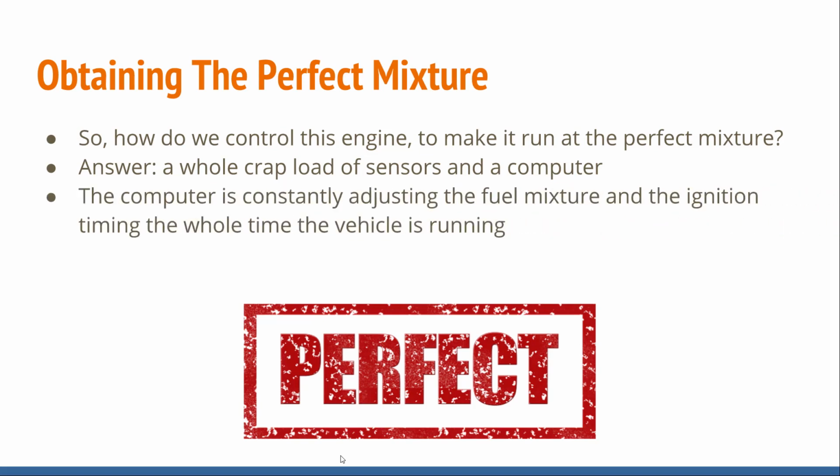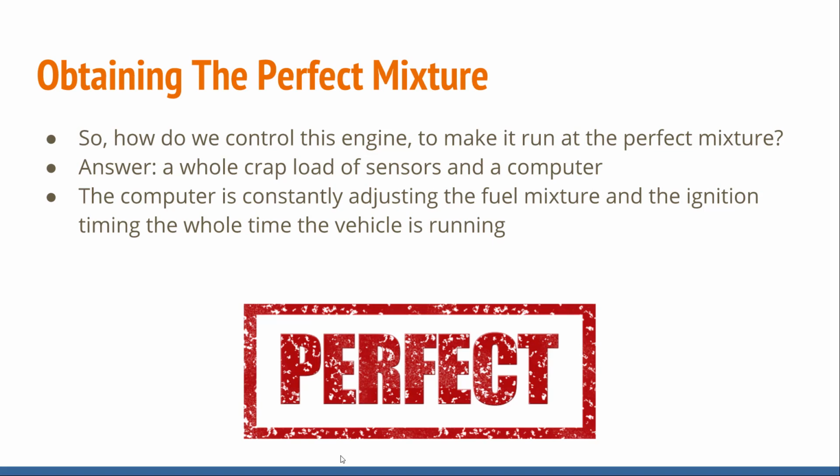All right, so the computer, or as we've explained it before, the PCM or ECM, powertrain control module or engine control module, is constantly adjusting the fuel mixture and the ignition timing the whole time the vehicle is running.